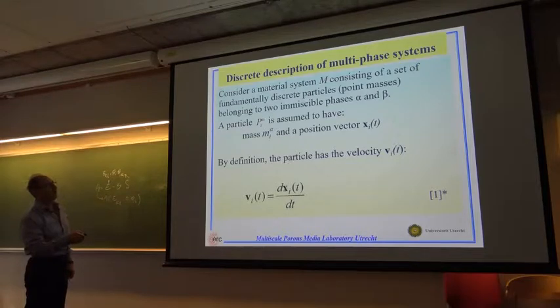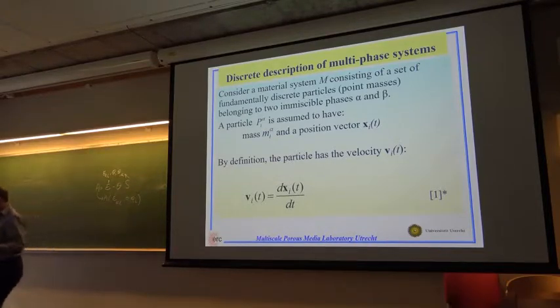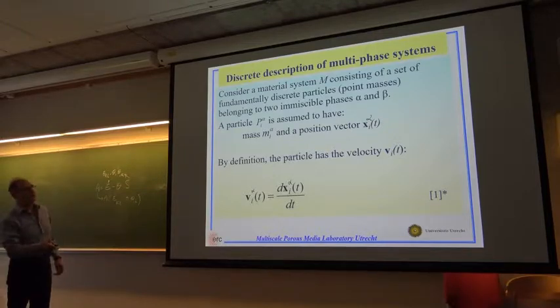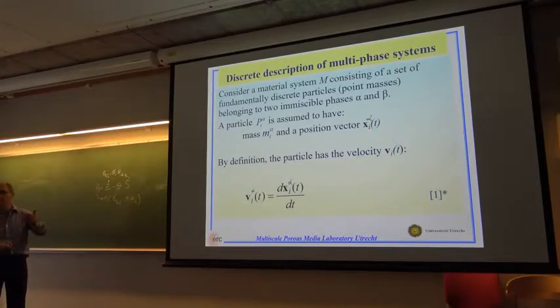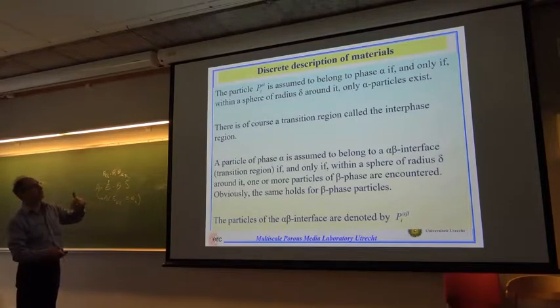This alpha could be solid, wetting phase, or non-wetting phase. They have a mass and a position vector. I changed this last night, so this is a position vector alpha. We follow these particles. The position vector changes with time, and that's how we define velocity. We had all of this for a single component medium. We just repeat it here, and we do it for each phase separately.